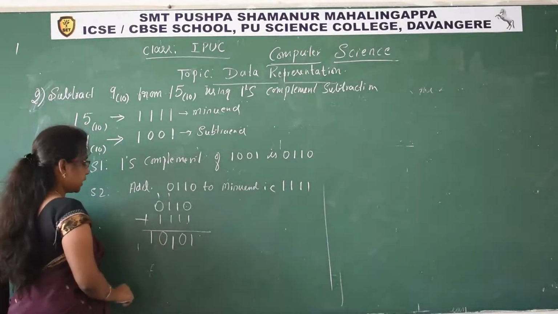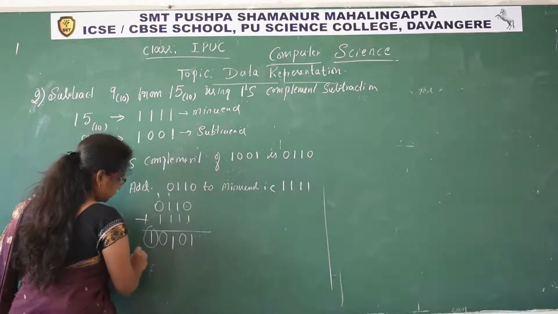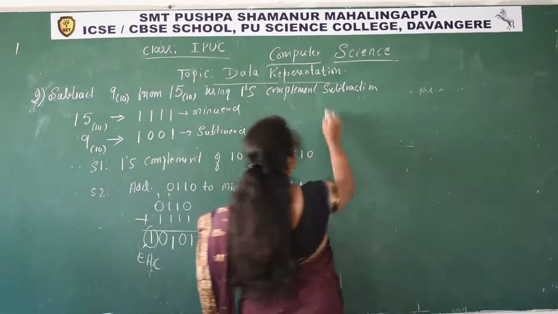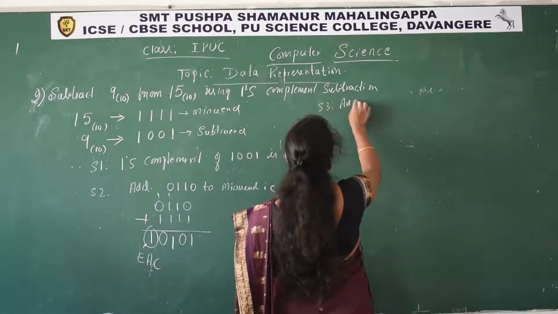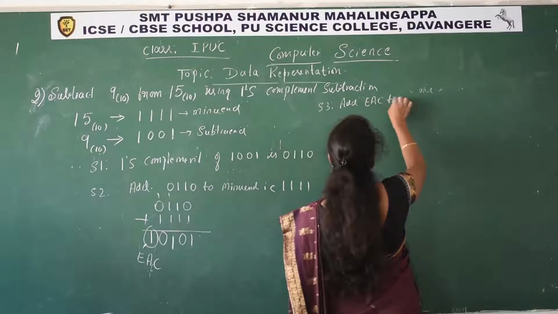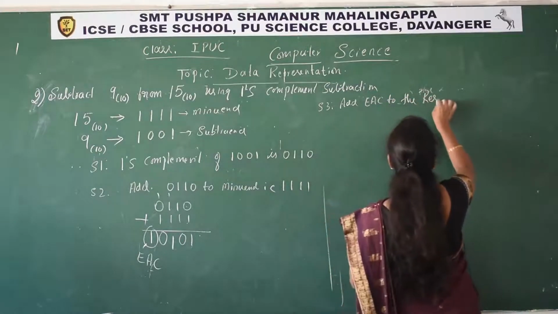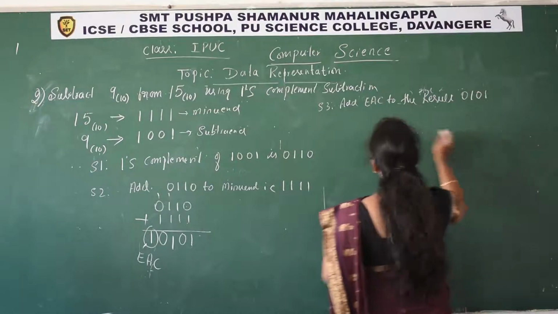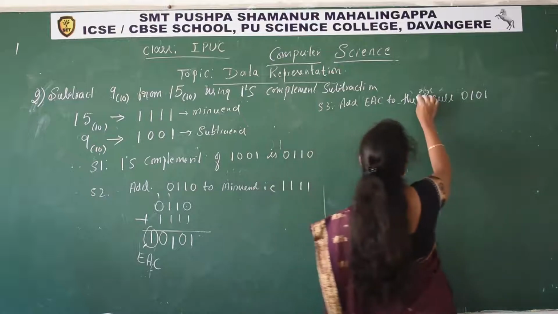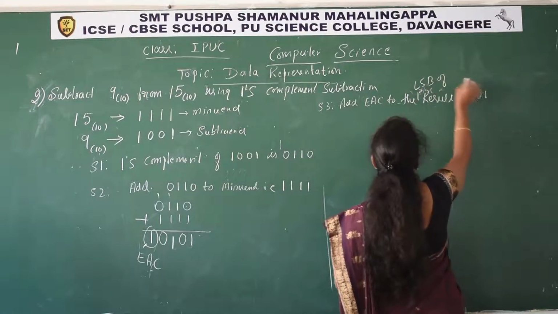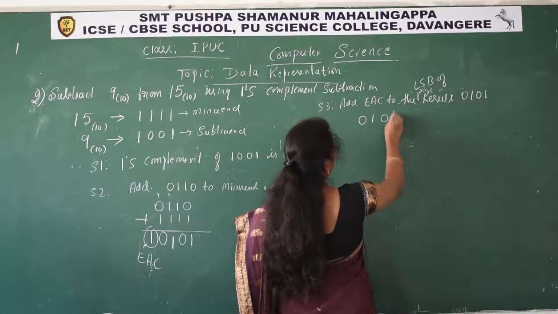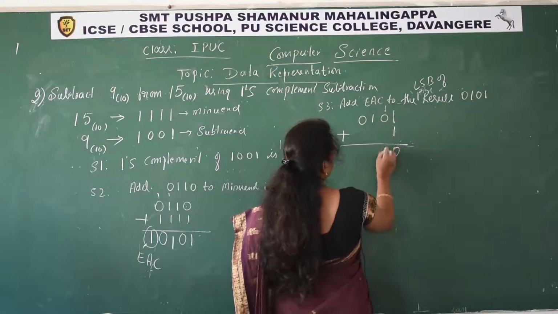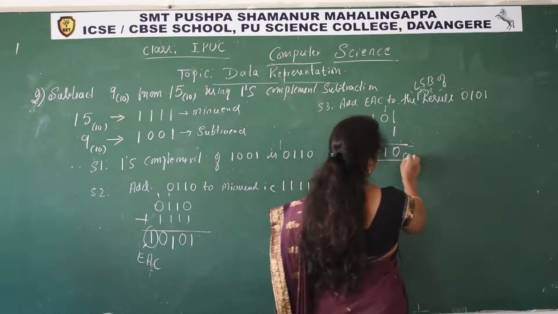Here we got the end around carry, EAC. Step 3: add the end around carry to the LSB of the result 0 1 0 1. 0 1 0 1 plus 1 gives 0 1 1 0 base 2.